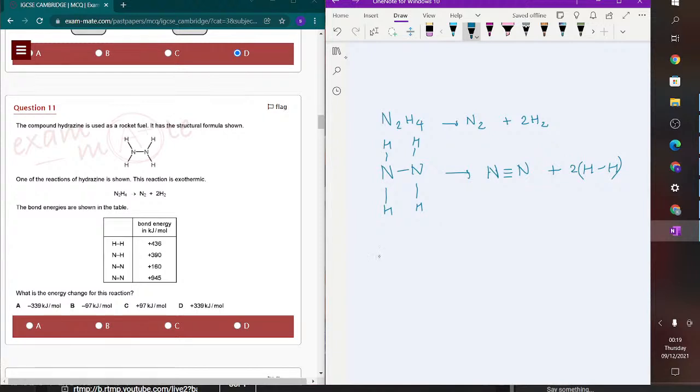Okay, so N–N, which is 390, so 390 plus N–H, which are 4, N and H, 160 into 4, that's the reactant side. N≡N is 945, and H–H, which is 2 into 436.